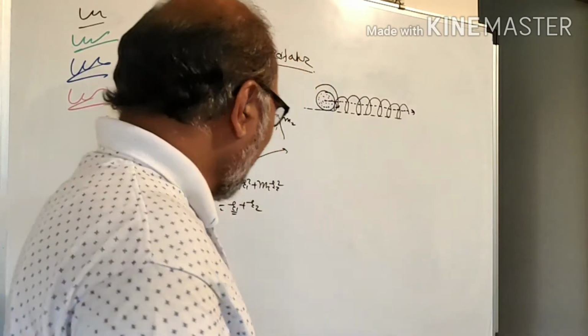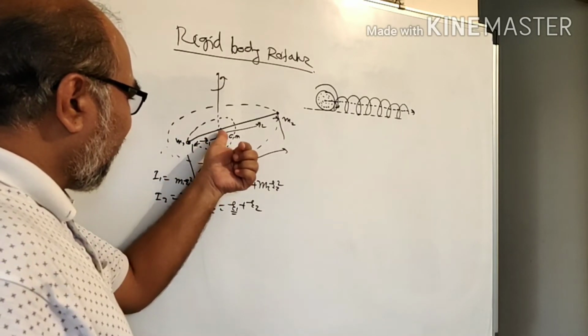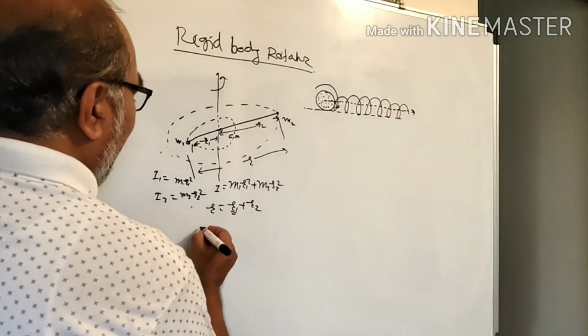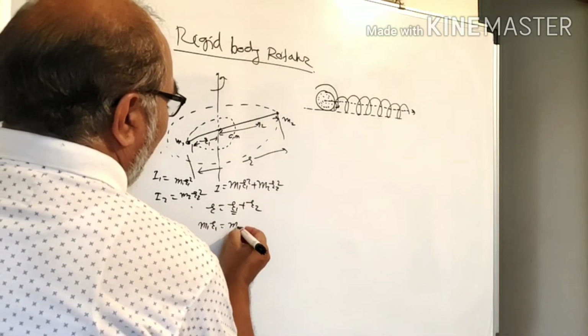Here also the mass is distributed about this center of mass, and hence it is called m1 r1 is equal to m2 r2.